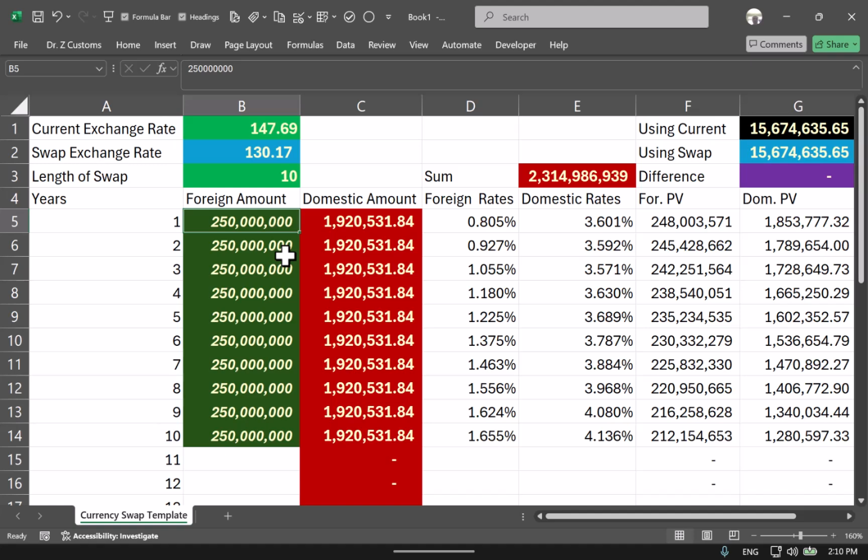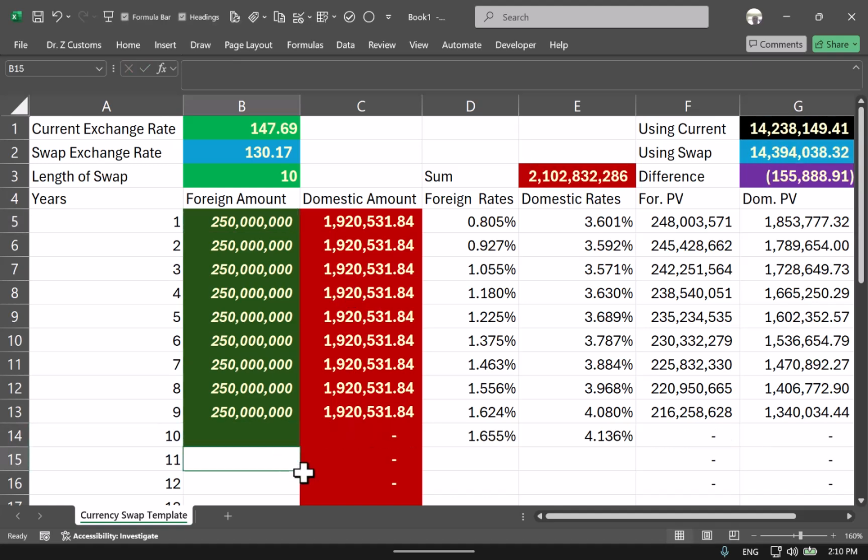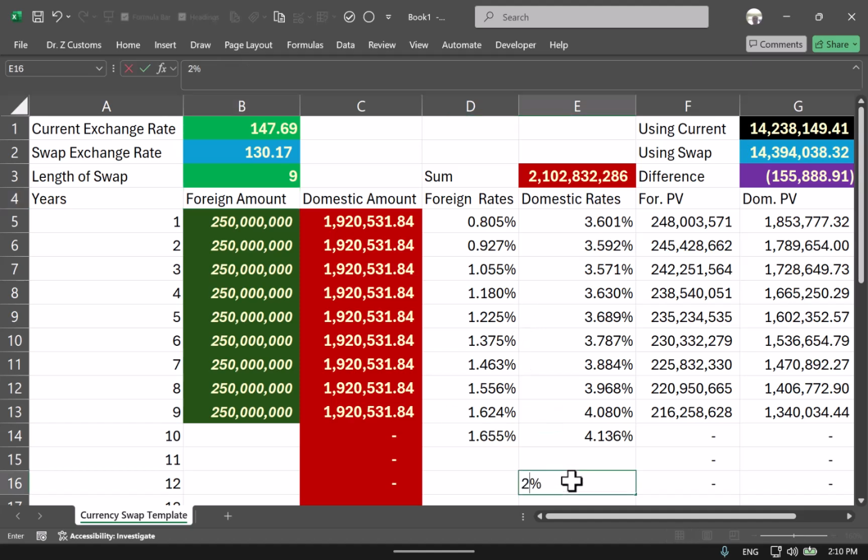Okay, one of the reasons the swap exchange rate is 130 is because Japanese interest rates are quite low. Next year, let me do this, except I'm going to add 2% to all of these.